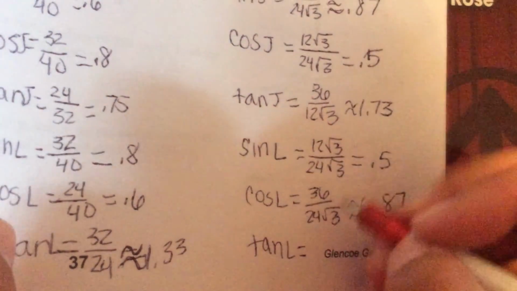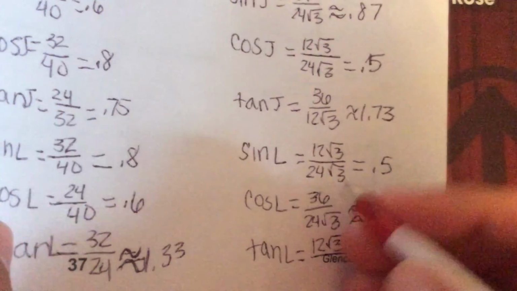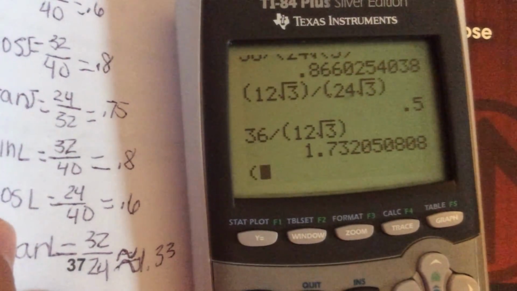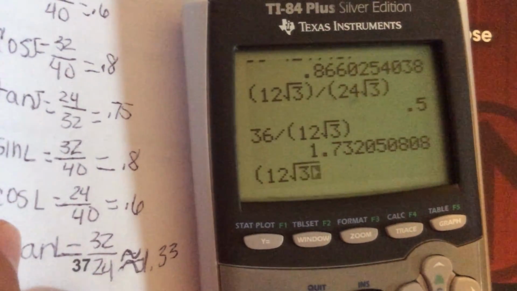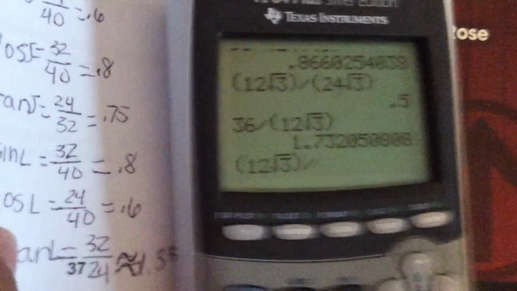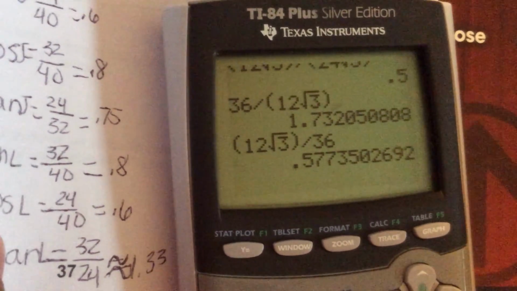Opposite is 12 square roots of 3 over the adjacent, which is 36. 12 square roots of 3 divided by 36 gives you approximately 0.58.